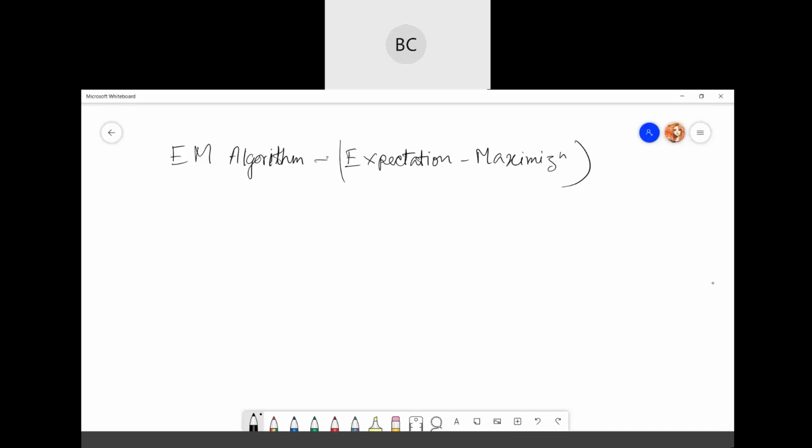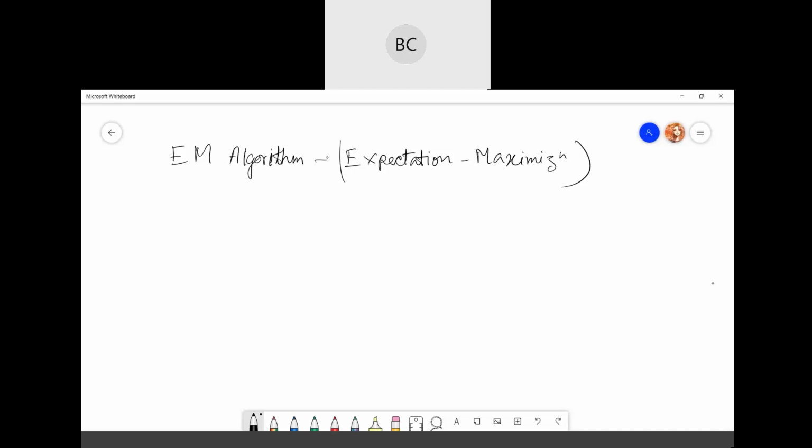So EM algorithm is mainly an algorithm or approach to estimate the maximum likelihood. It's mainly used for your hidden Markov model or any probabilistic algorithms.